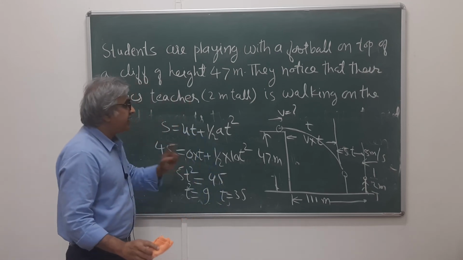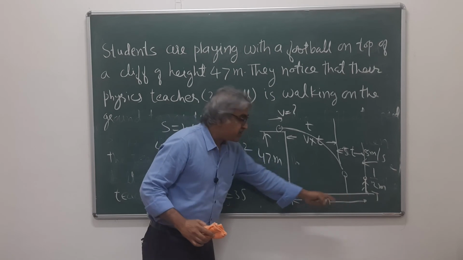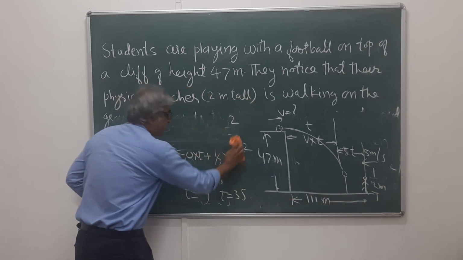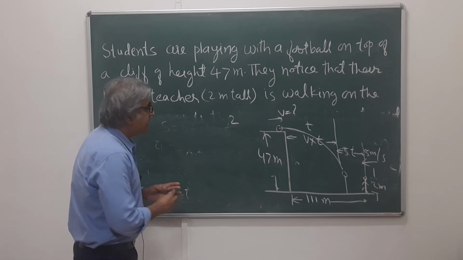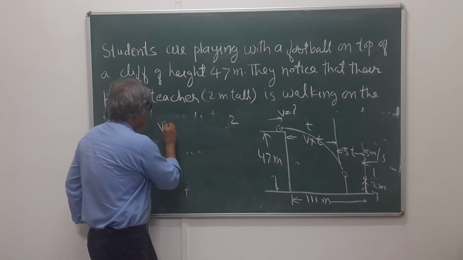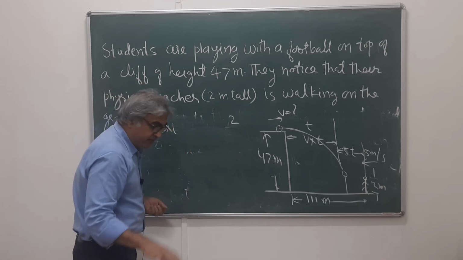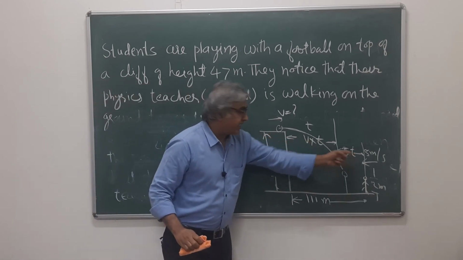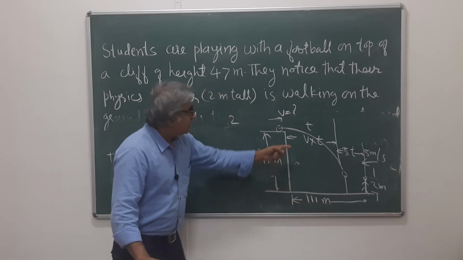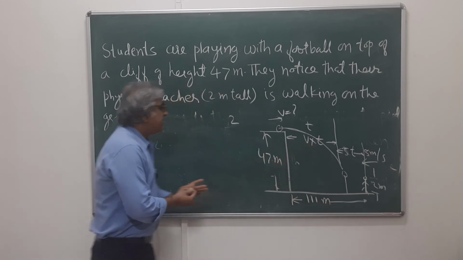Once we have t as 3 seconds, we come to the equation which we had written earlier: v into t plus 5t is equal to 111. Now t is 3, so I'll substitute t as 3.